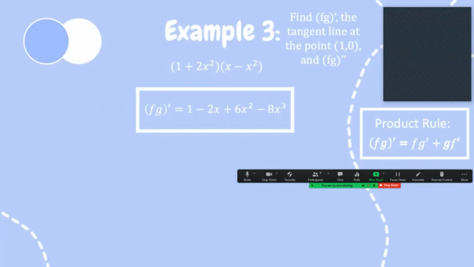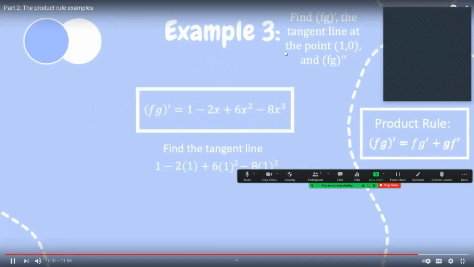But now we have to do part 2, finding the tangent line at the point 1, 0. So we have our derivative. Now we're going to substitute in 1 to find the slope of the tangent line. Then we can simplify this.